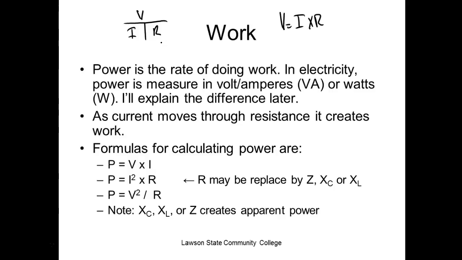The problem we have with Watt's law, so this is called Watt's law, is that power is equal to force times speed. In electricity, you can look up in any physics book and they'll say power is equal to force divided by distance, or it's going to be equal to force times speed, because distance and speed are inversely proportional to each other.